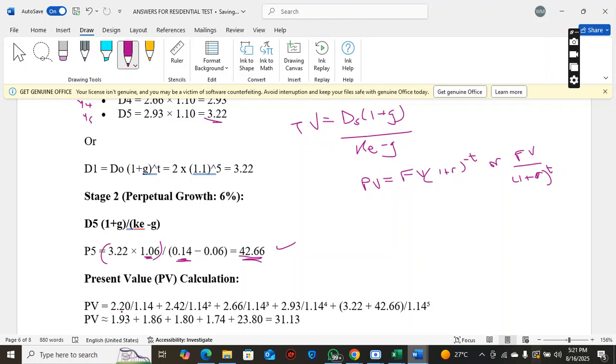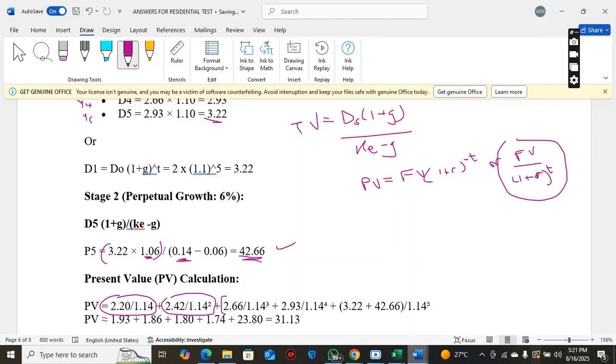So here, as you can see, this was the formula that was applied. Future value over 1 plus r to the power t. For year one, 2.2 over 1.14. Year two, 2.2 over 1.14 to the power 2, since it's the second year.